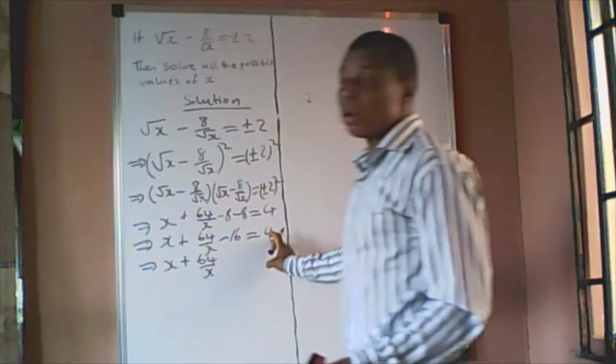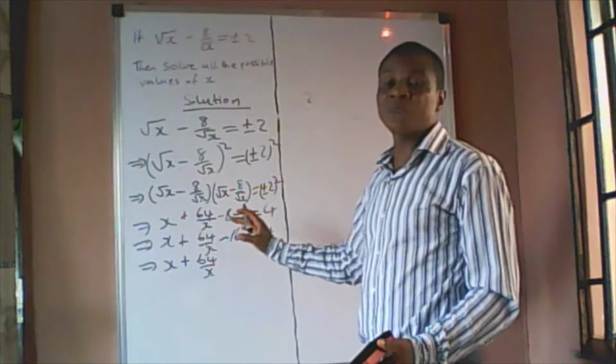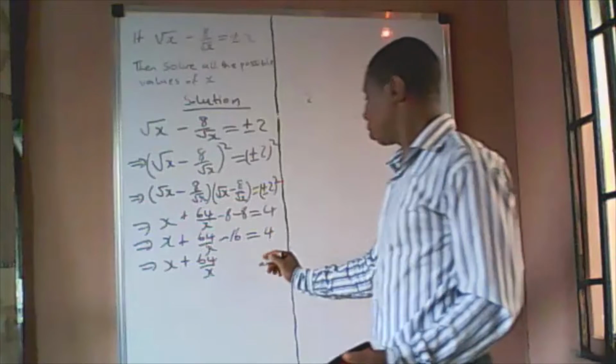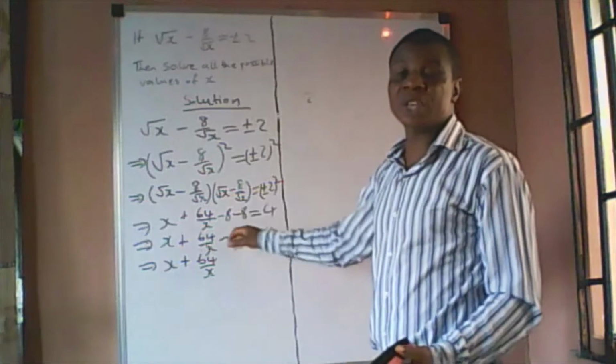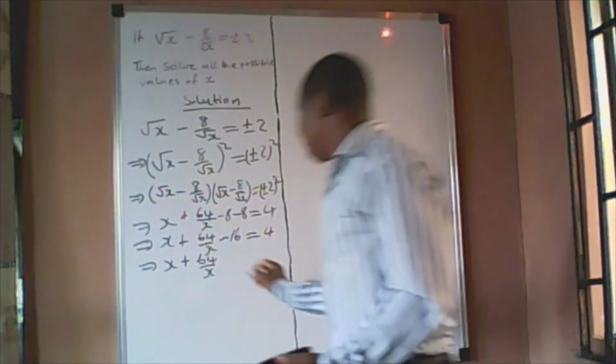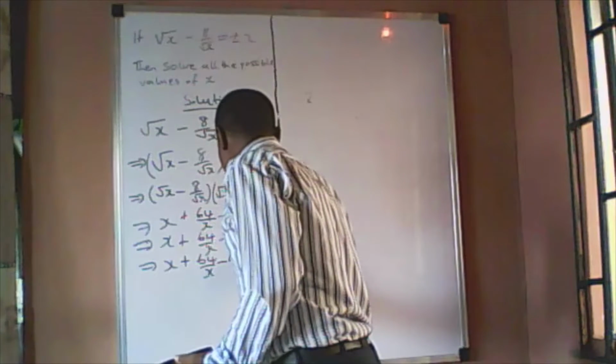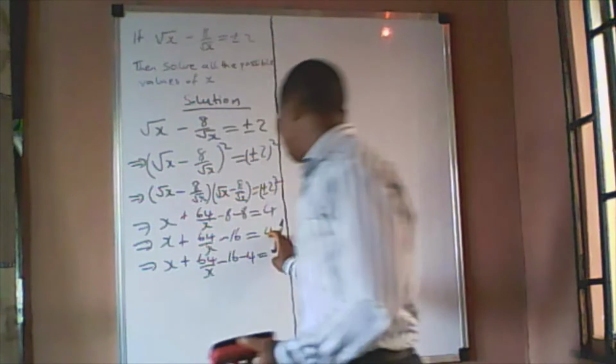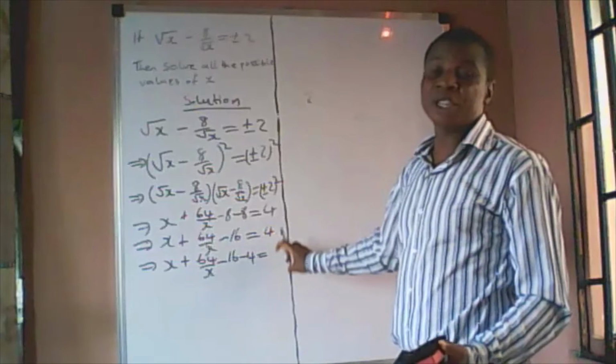Now you bring 4 to the left hand side of the equation. It is plus here, and when it comes here, it becomes minus. That means you have minus 16 minus 4, equal to; now if you minus 4 here, it makes 0.